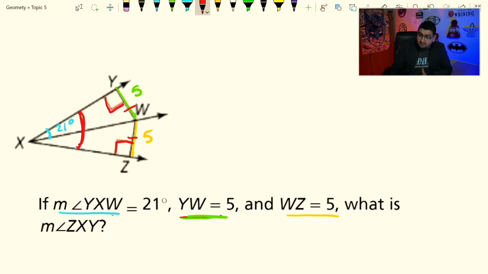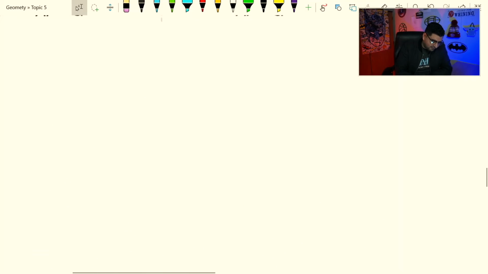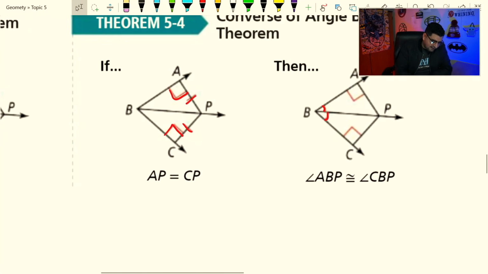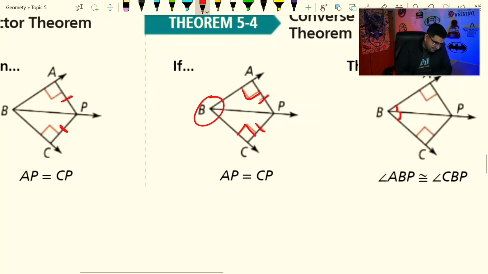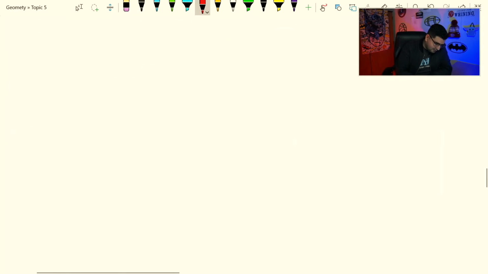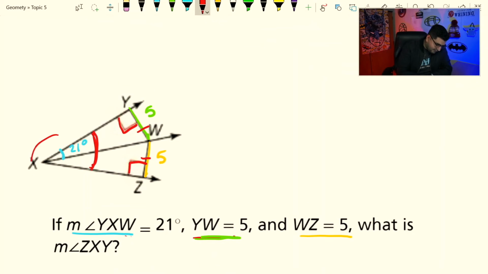And by the converse of the angle bisector theorem, this is exactly what I have. I know that those two angles on the inside have to be equal to each other. So these two have to be equal, which means if I know the one on the outside, I know the one below it is 21 degrees as well.